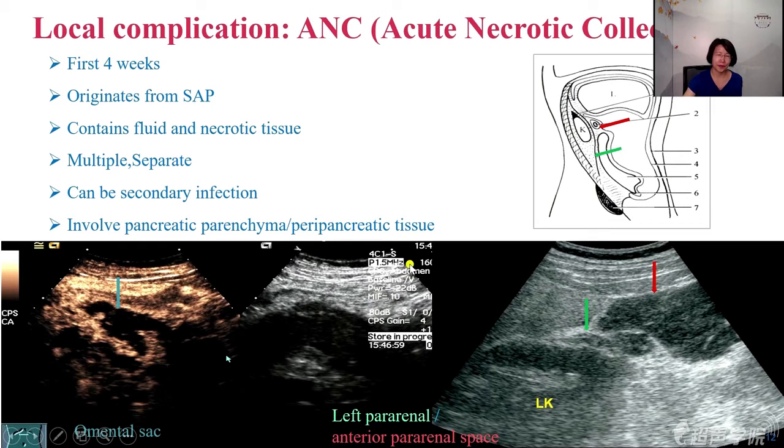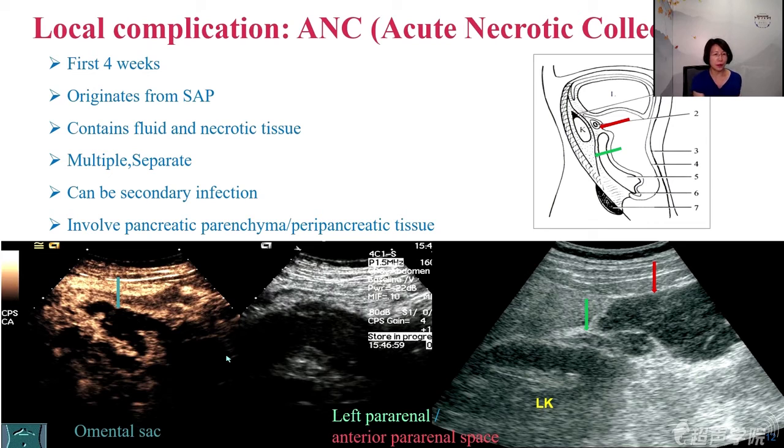The third complication is ANC, the acute necrotic collection. It's within 4 weeks. It means SAP is established. It contains necrotic tissue within pancreas or in peripancreatic tissues.